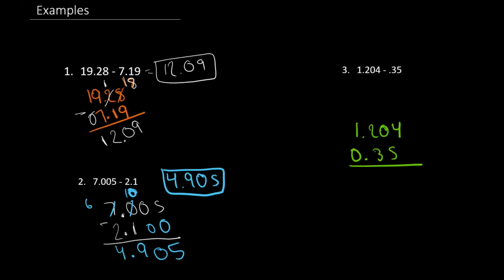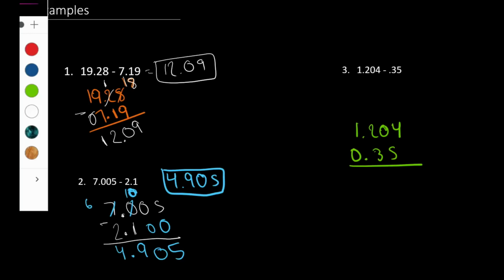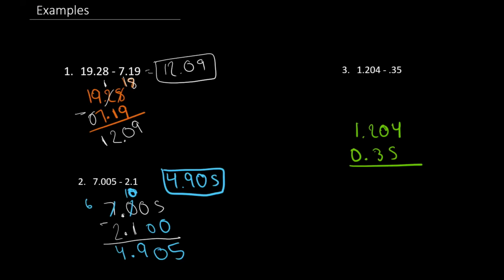Now we start doing it. We can say that there's a 0 under the 4. So 4 minus 0 is 4. 0 minus 5, we can't do 0 minus 5, so we have to borrow.